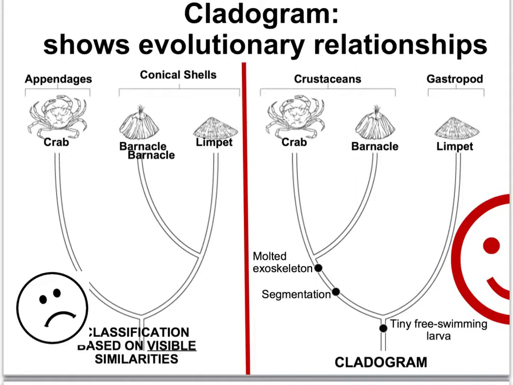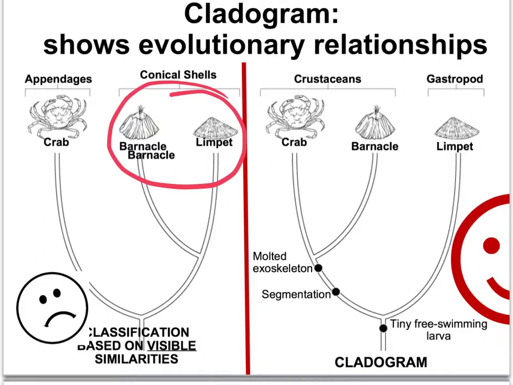Previously, we had classified them based on their visible similarities. So you can see that based on their physical similarities, the barnacle and limpet look very similar to each other, and so they look like they would belong in the same space on the cladogram.